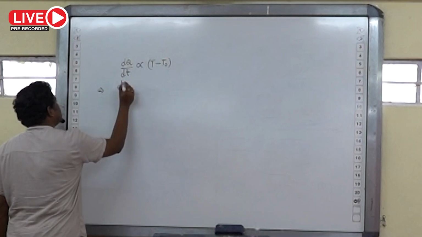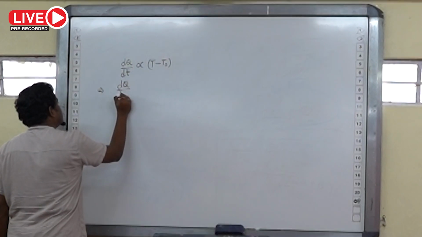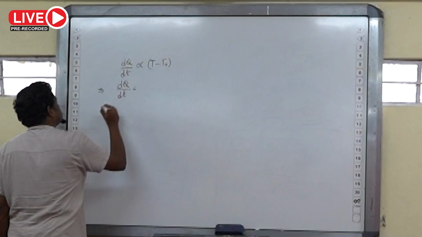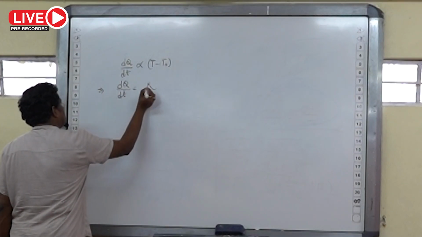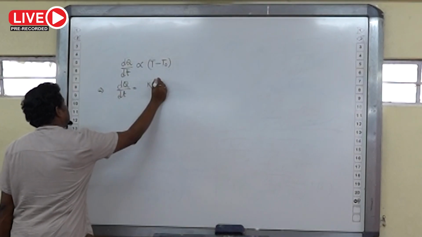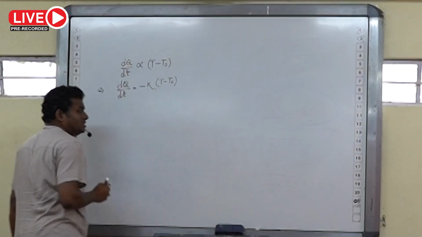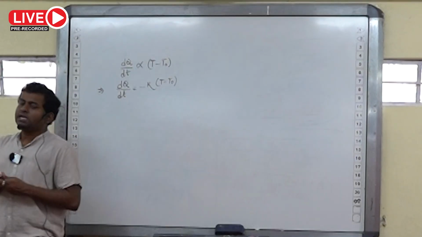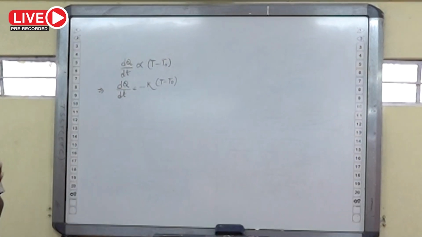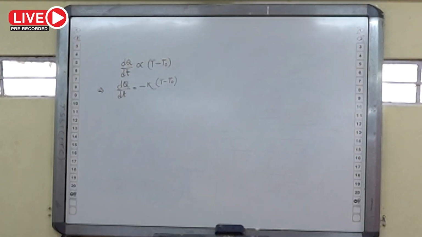I can write it as dQ/dt equal to some constant, small k, into T minus T naught. There should be a minus sign because the body is losing heat and its temperature will decrease. So on radiating heat, temperature will decrease. That's why this minus sign will come. So that is the rate of heat loss by a body.